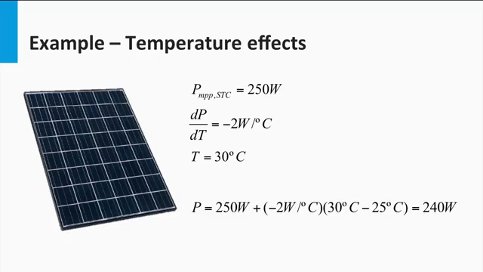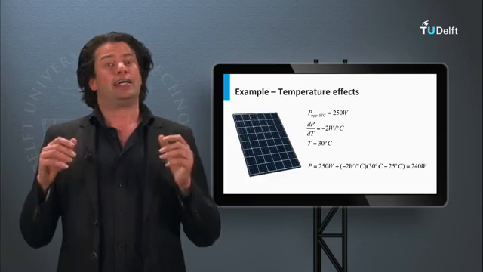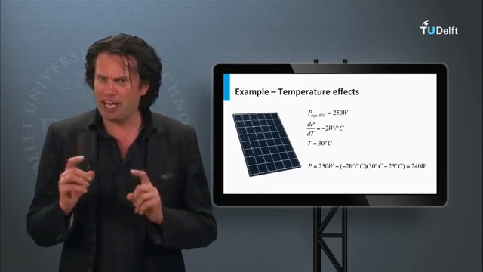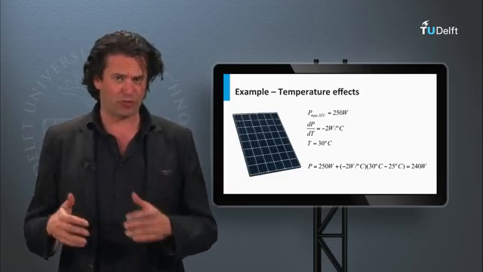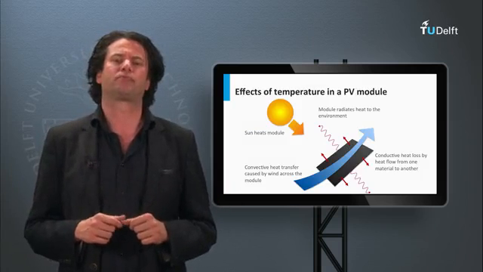The power is 250 watts plus -2 watts per degree multiplied by the temperature difference, 30 minus 25 degrees Celsius, which gives you 240 watts. As you can see, the sign of the temperature coefficient determines if the parameter is increasing or decreasing with temperature. In the exercises for this block, you will be able to use this equation to estimate the effect of temperature on the various PV parameters.